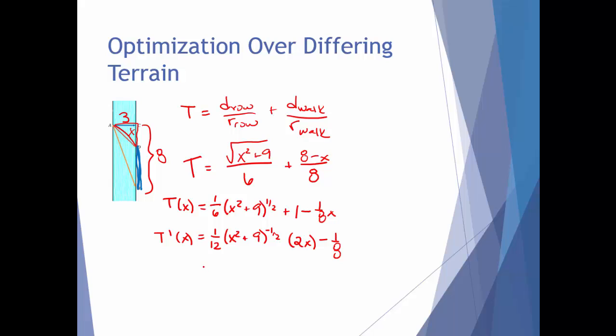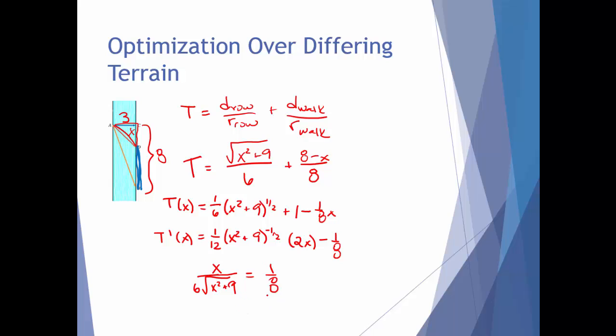In other words, the 2 and the 12, I'll be left with a 6 in the denominator. The square root goes to the bottom. That's the square root of x squared plus 9 in the denominator. In the numerator, I will have an x. And then when I move the 1/8 to the other side, that's going to be equal to 1/8.